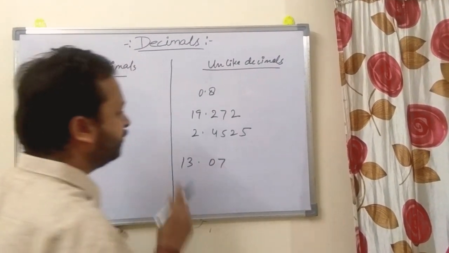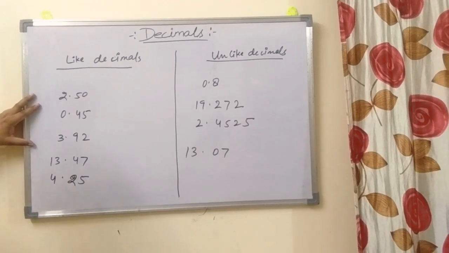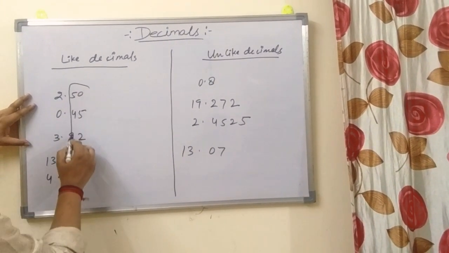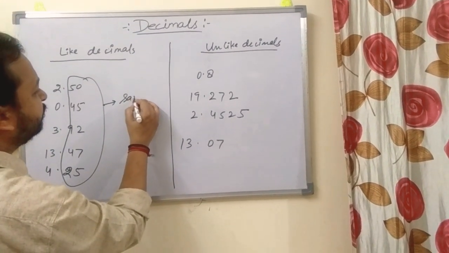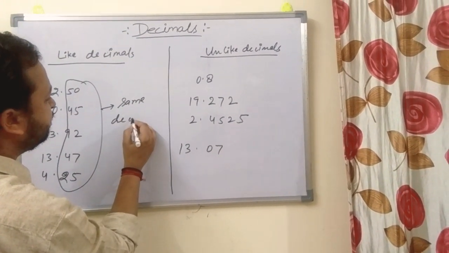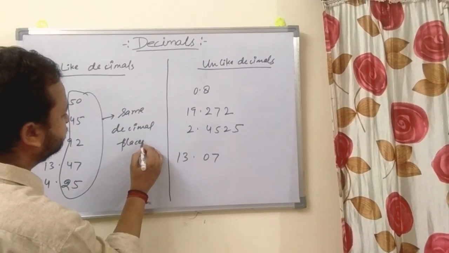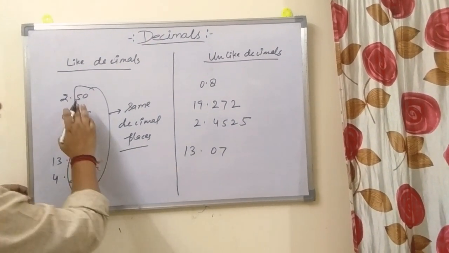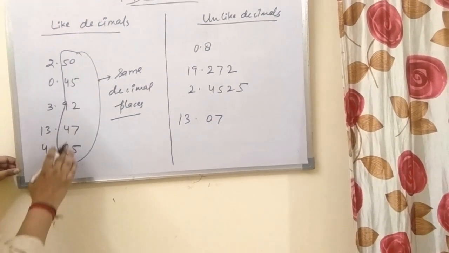So here you can see that in like decimals, the decimal places are the same. Here we have 2 decimal places, here also, here also, here also, here also.